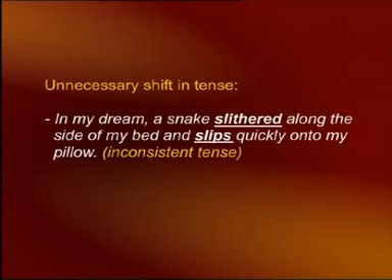In my dream, a snake slithered along the side of my bed and slips quickly onto my pillow. Now, if you look at that sentence, there are two verbs. The first verb, slithered, is in the past tense, and the second one, slips, is in the present tense. Now, there is no need for the writer to slip from one tense to the other. There is no need for the sudden shift from the past tense, slithered, to the present tense, slips.